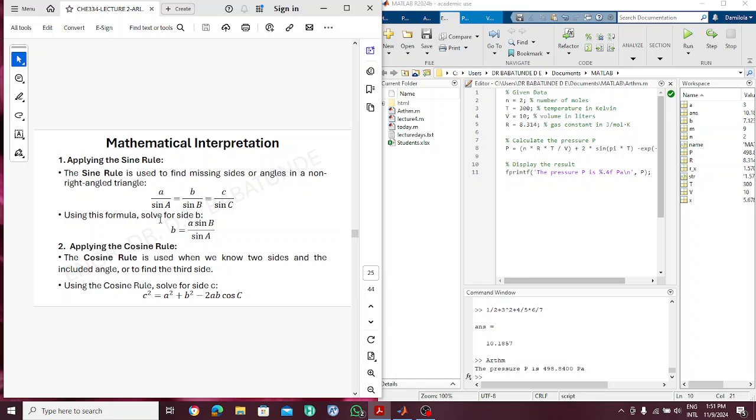So now that we have the sine rule set up, one thing we need to do is to make b the subject of the formula. In making b the subject of the formula, we arrive at b equals a multiplied by sine of angle b divided by sine of angle a. So that is straightforward enough to do in MATLAB. What we just need to do is, having supplied the values that we are given, we remember to convert the degree to radian if we'll be using sine as the function to call.